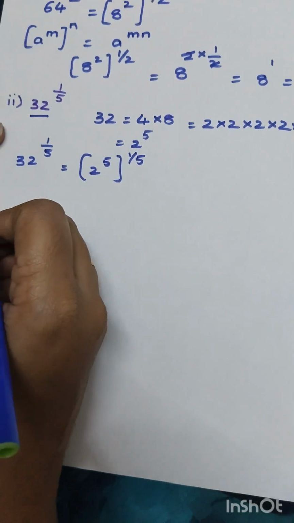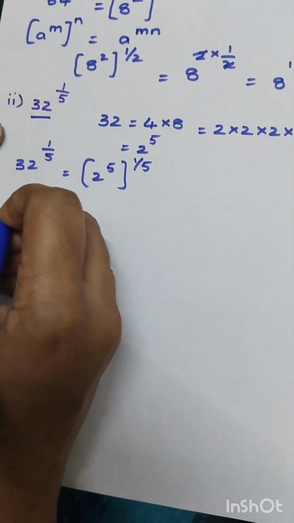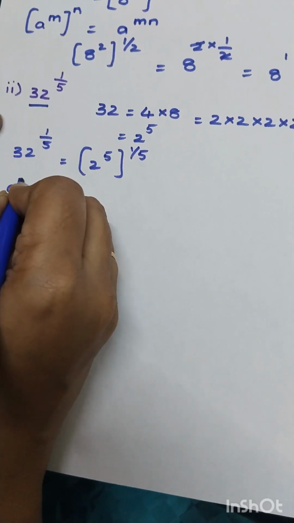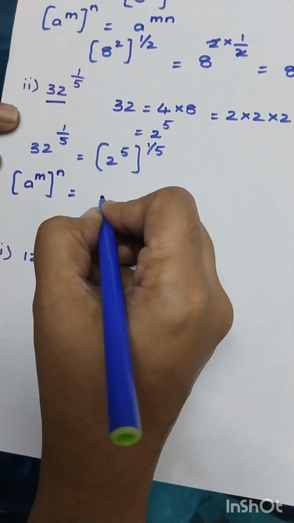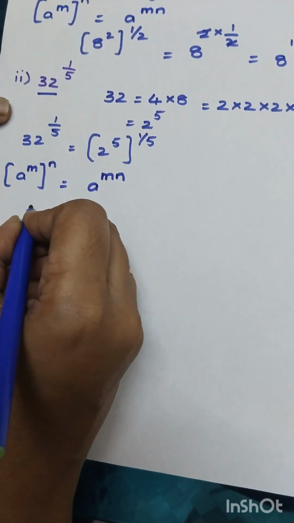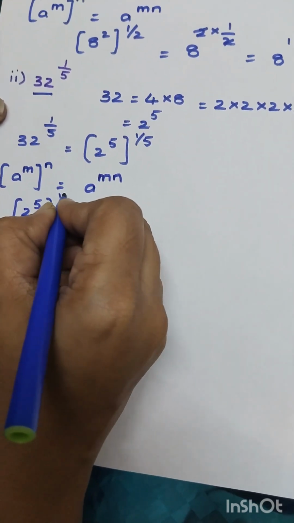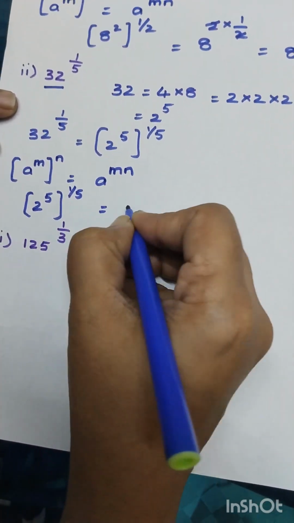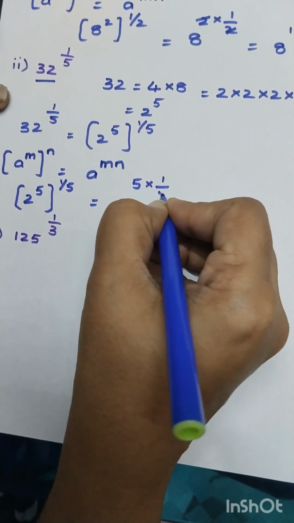Now let's recall the identities. A similar identity which we can recall is a power m whole power n. What does this give? A power mn. So let's use this identity. 2 power 5 whole power 1 by 5 can be written as 2 power 5 into 1 by 5.